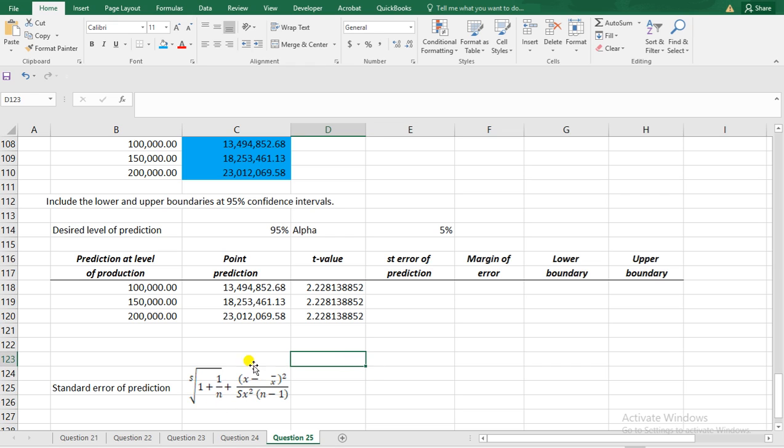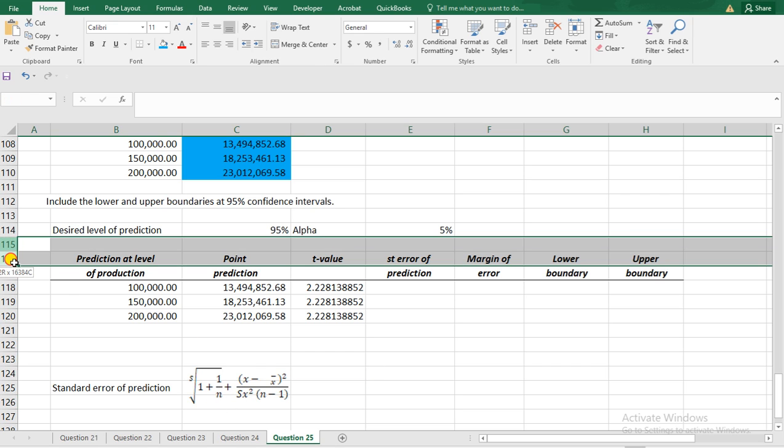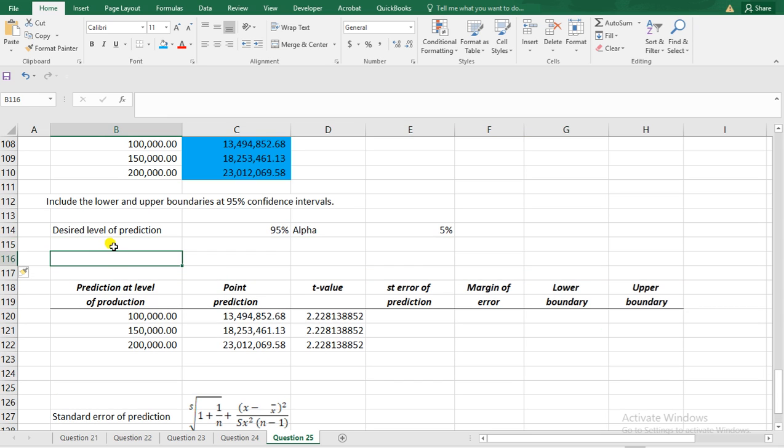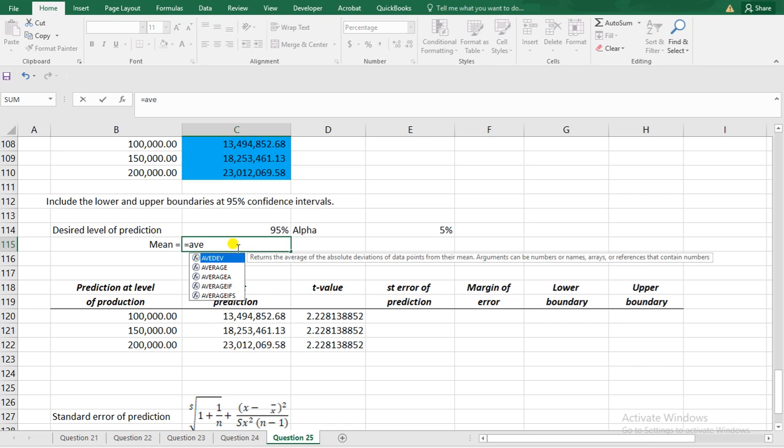So at this point, it will be upon us to determine these variables. I need to determine our mean, which is x bar. Mean, in this case, will just be the arithmetic average of x. That will be easy. I just do equal sign AVERAGE.